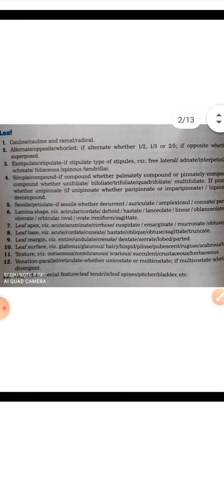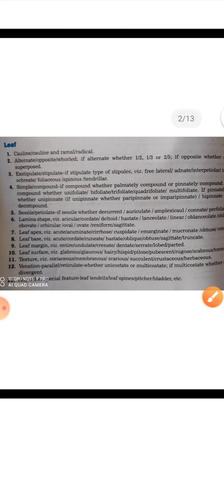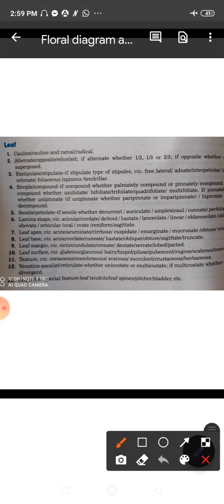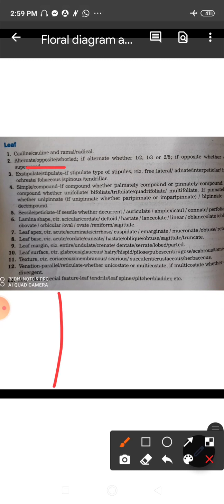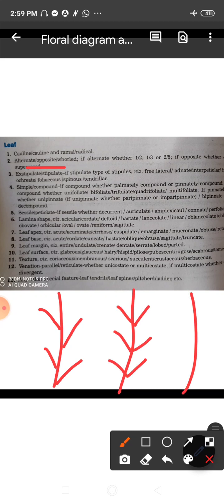When we talk about the leaf, we need to explain the phyllotaxy, that is the arrangement of leaves on the stem, right? So whether the arrangement of the leaf is alternate, opposite, or whorled, right?